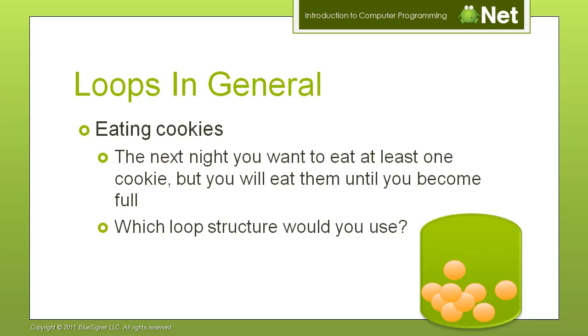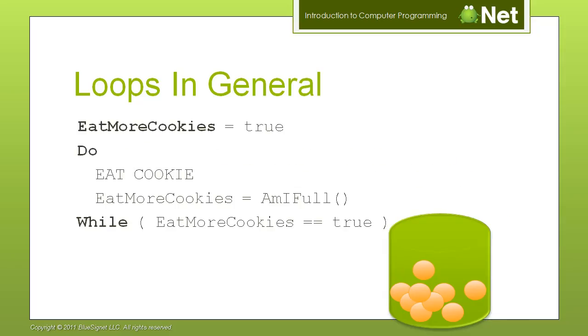So the next night, Wabbit the Frog wants to eat at least 1 cookie until he's full. Not some predefined full, but just some arbitrary, abstract full. Whatever my fullness is right now, I'm going to eat at least 1 until I don't want to eat anymore. The loop structure that we would use is the do while. As we explained before, in a do while structure, the loop iterates at least 1 time until the end condition is met.